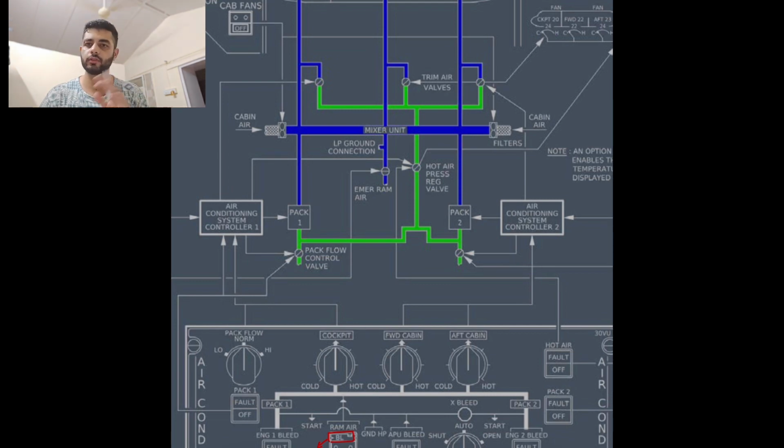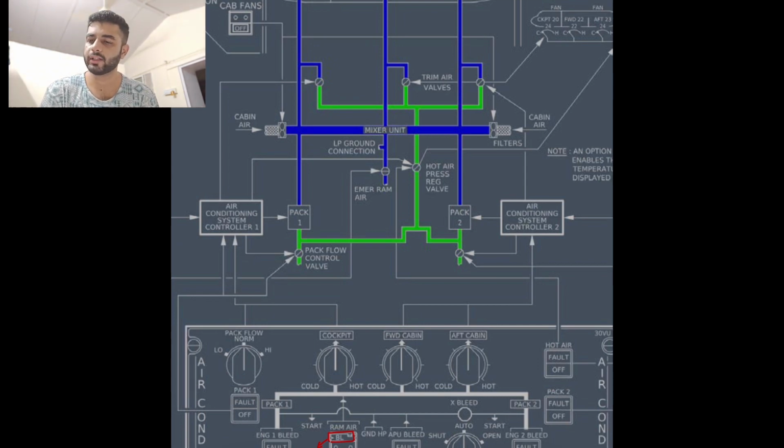The mixer unit is not mixing everything together. Pack 1 will supply the majority of the cockpit air, pack 2 will supply the majority of the cabin air, and little mixing takes place in the middle. So later on you shouldn't get confused on that.